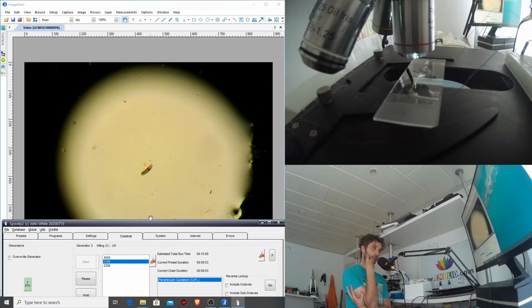But as I can see now, something is happening here. So that one is almost not moving. We now switch to the other frequency, and this looks like that to me.